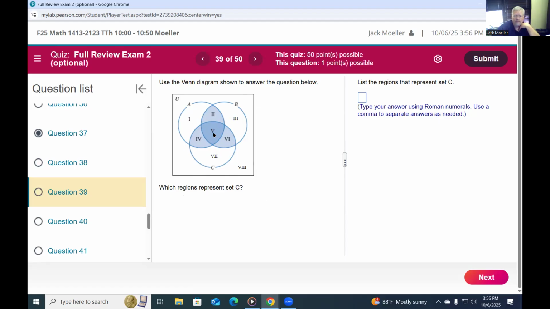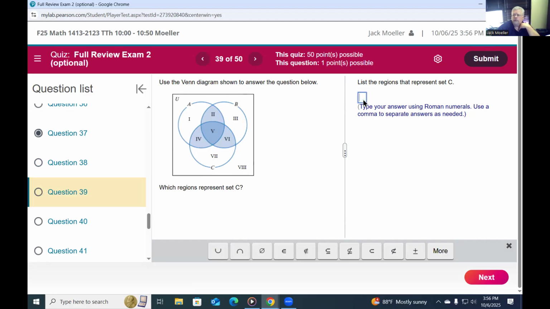So it's 4, 5, 6, and 7. And yes, they do want you to use Roman numerals, so use I's and V's, capital letters. Again, if you're not using Roman numerals, I'll probably give you like at least 3 out of 4. But I think it's pretty common. We need to use Roman numerals here, and if you've done your homework, you've had practice with it.